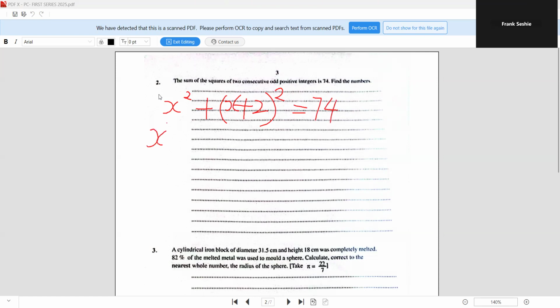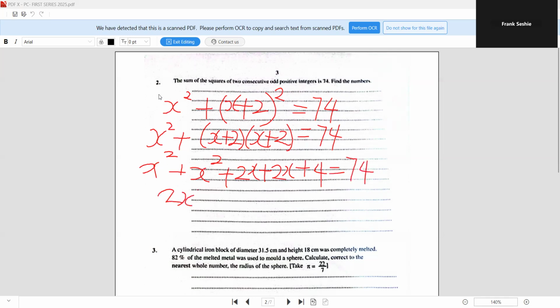So if I'm to square this, I have x squared already. X plus 2 squared stands for x plus 2 times x plus 2, and that should be equal to 74. These are binomials. X times x, x squared, x times 2, 2x, 2 times x, 2x, 2 times 2, 4.